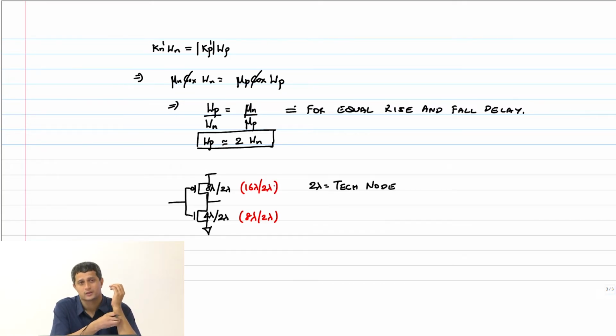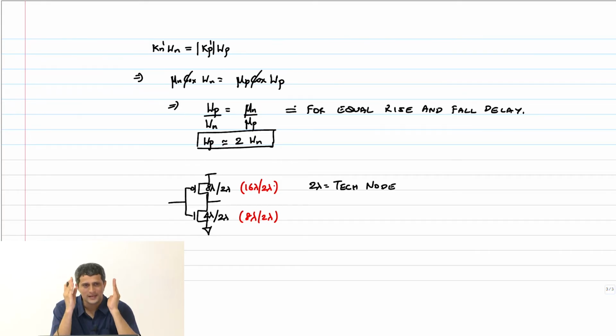The minimum width that is allowed for the NMOS, which is 8 lambda or 4 lambda, is determined by other factors in terms of manufacturability, in terms of variability and all that. At the end of this module, I'll try to give you a short primer on variability so that you understand why these arguments come in, right.